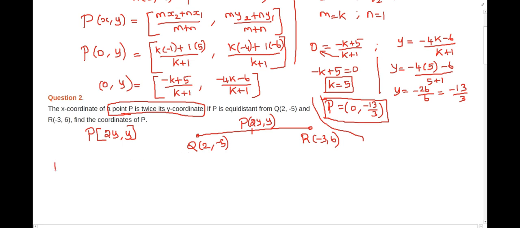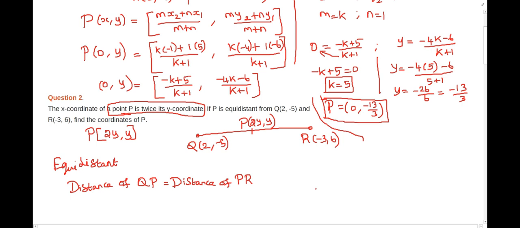So another given statement is equidistant, which means distance of QP is equal to distance of PR.